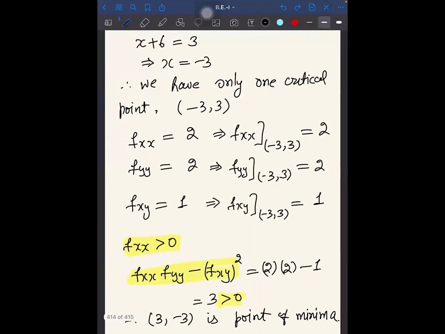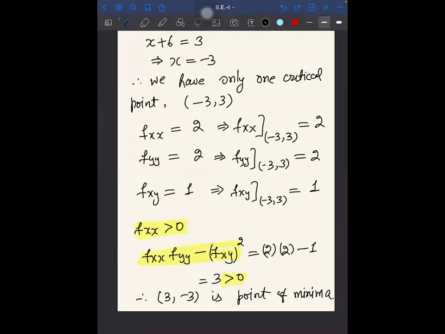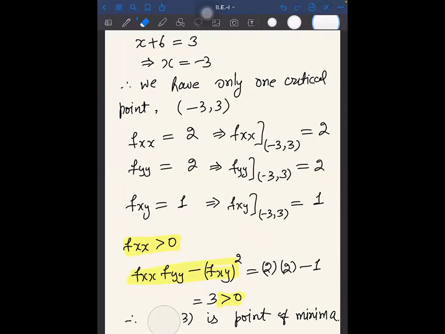Sorry, I said a wrong thing earlier, I shouldn't have said maximum. It should be minus 3 and 3, and it is a minimum. The second derivative is positive, like concave upward, I told you. So that means it can give you a point of minimum. Are you with me on this?